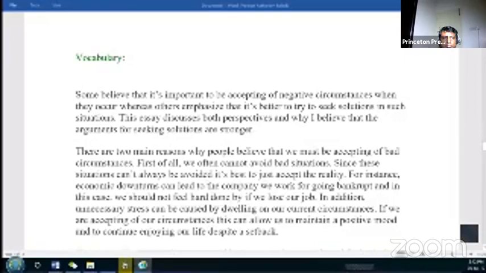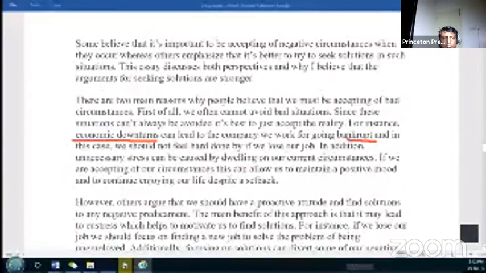Sort of linked to that idea. Hard done by, an idiomatic expression, always good to have idiomatic expressions, if using informal words in a formal essay like this. We've got dwelling, setback maybe, and then let's look at the next paragraph.